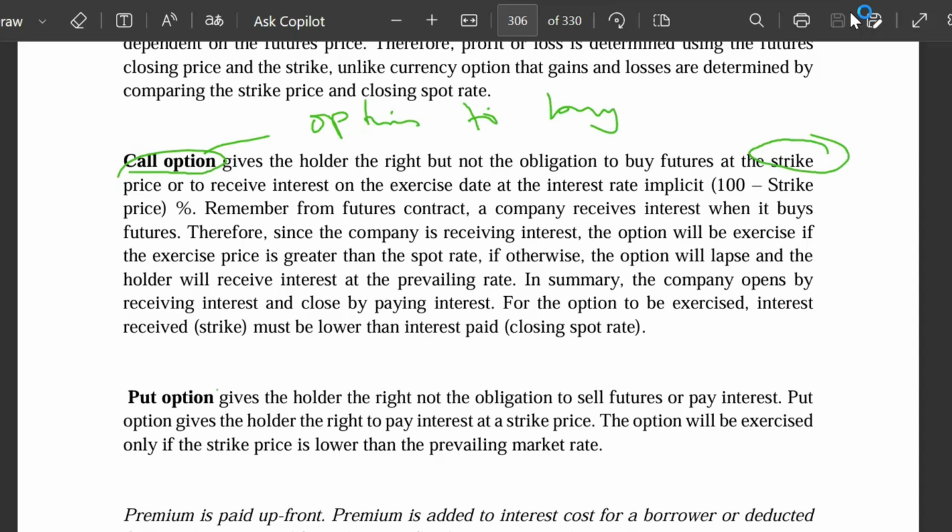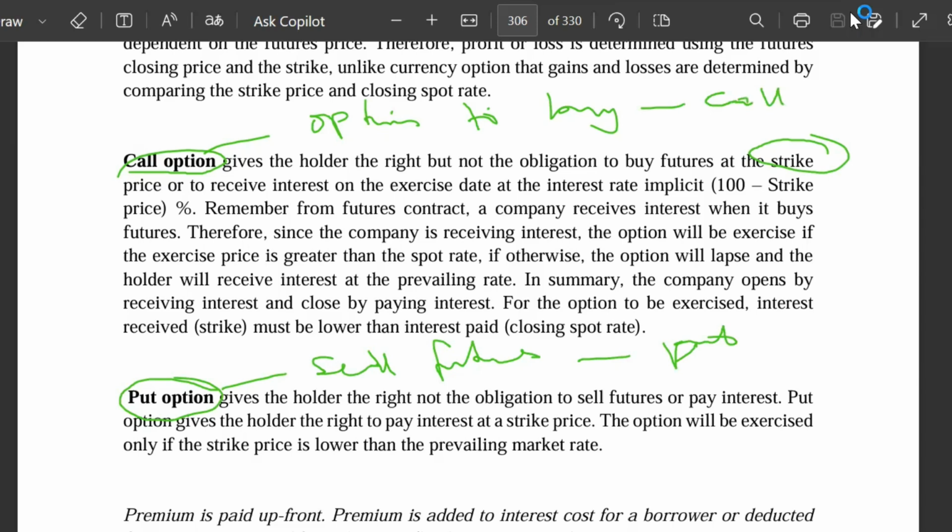The put option, on the other hand, gives the holder the right but not the obligation to sell futures. So anytime a company is selling futures, it is a put option. Anytime a company is buying futures under the option contract, it is a call option.